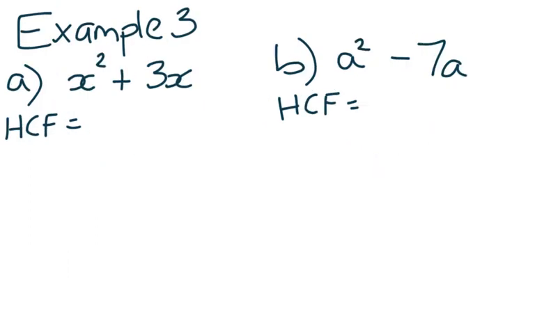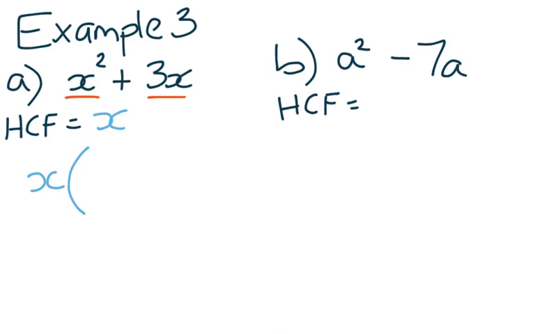Example number 3 is looking now at where there's no numerical factor. We're looking for an algebraic factor this time. So if we have a look at the first one, we can see there are no numbers in common, but there is a letter. You can see that x is present in both of those. So this time we're going to put x out the front. Now you've got to remember we're doing the reverse of expanding.